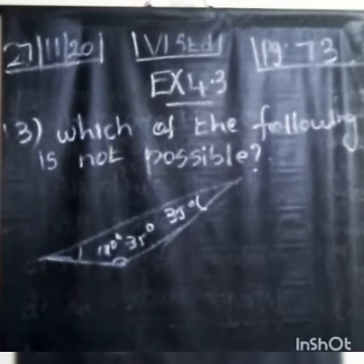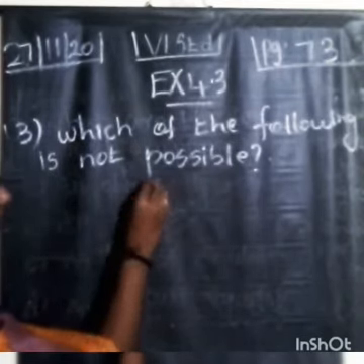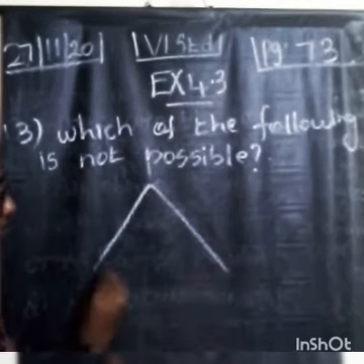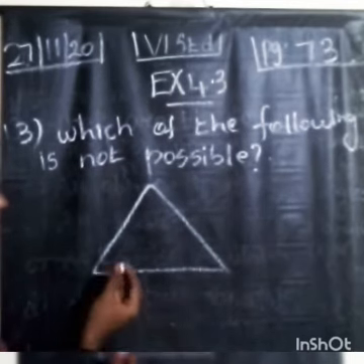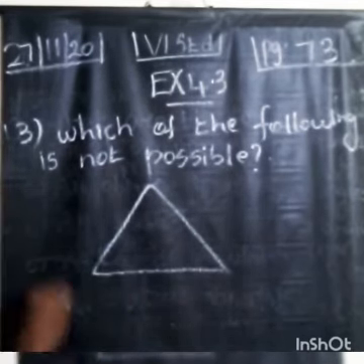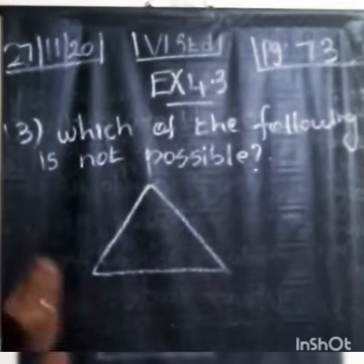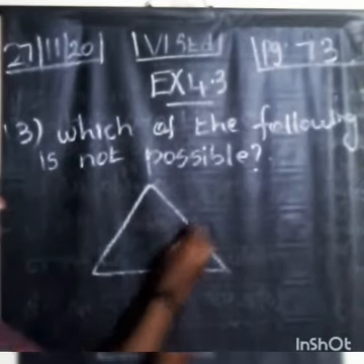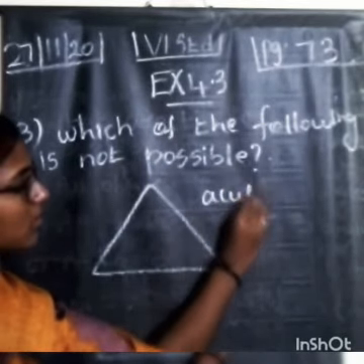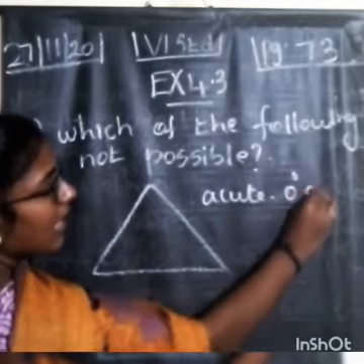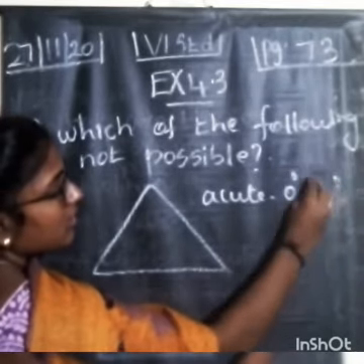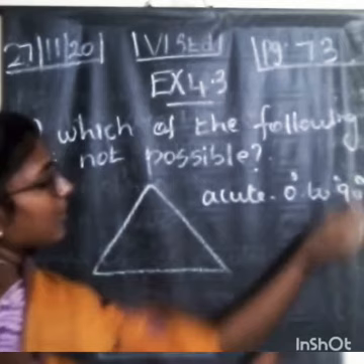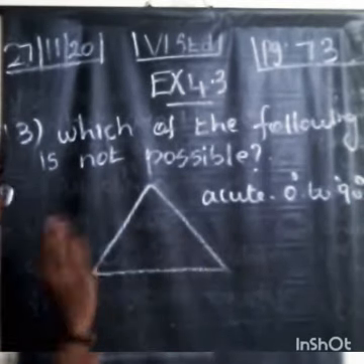Taking option B, an acute isosceles triangle. Acute means the angles are between 0 degrees and 90 degrees, and isosceles means two angles are equal.